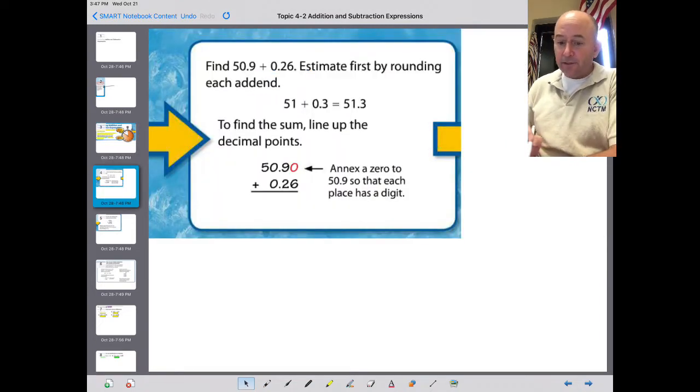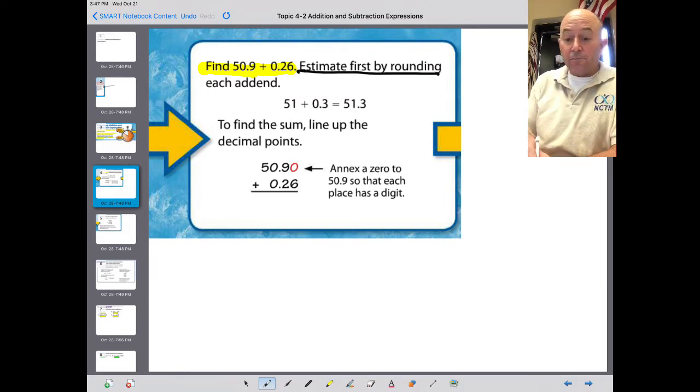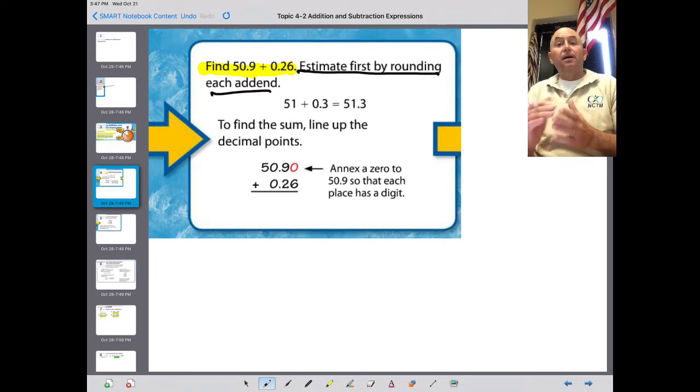They say, find 50 and 9/10 plus 26 hundredths. Notice how they ask you to estimate first by rounding each addend. Earlier in this topic, we discussed and practiced adding and estimating, and now they want you to actually apply it.